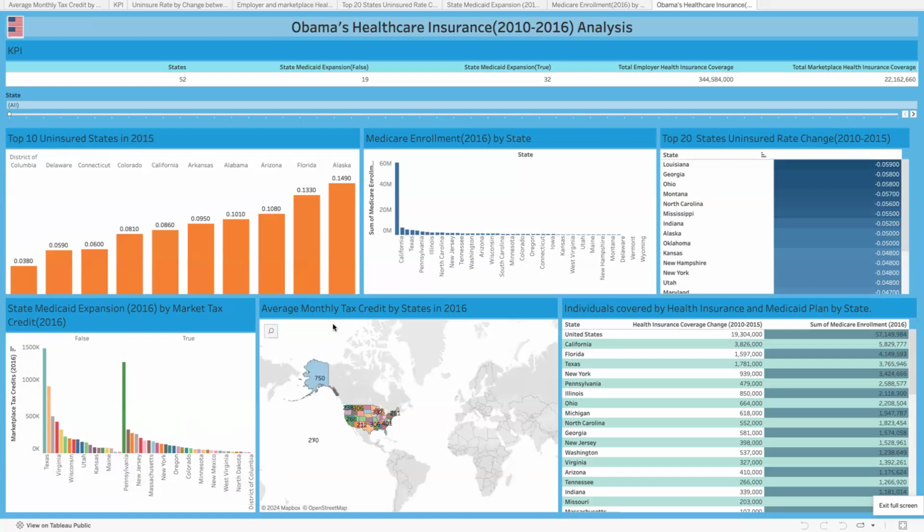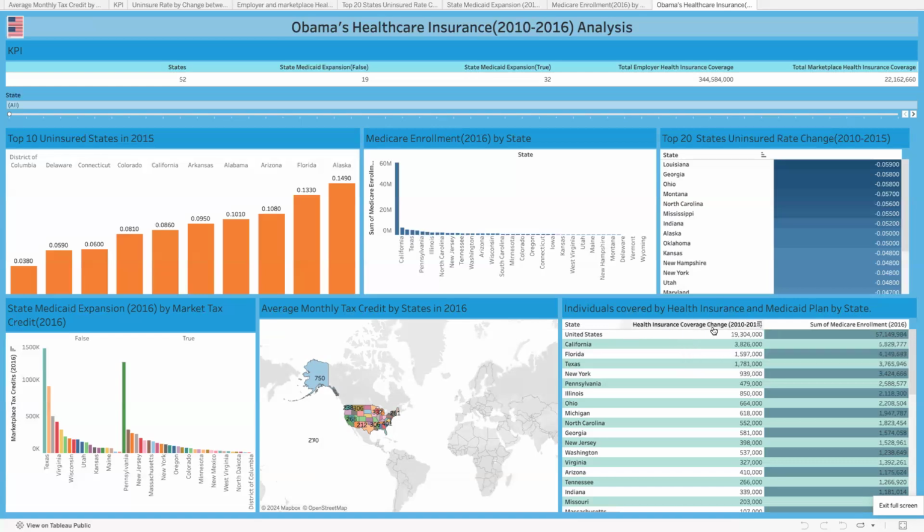So this is the average monthly tax credit by state, for the states that adopted it, that they got back to be able to purchase a plan on the health insurance marketplace. And the final visualization shows the population covered by health insurance and Medicaid plans by states.